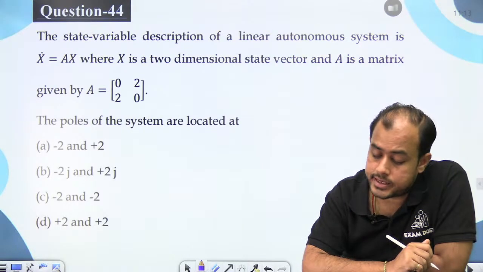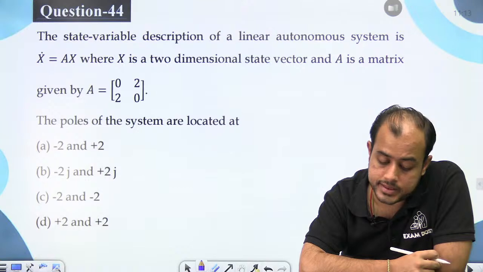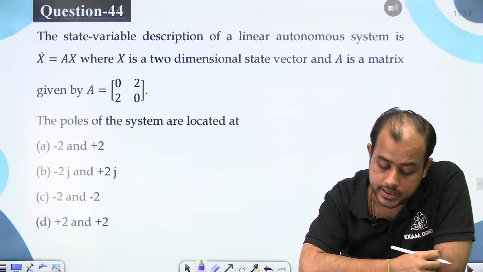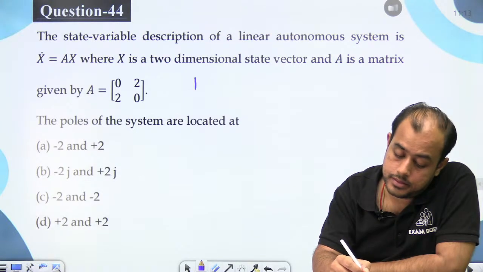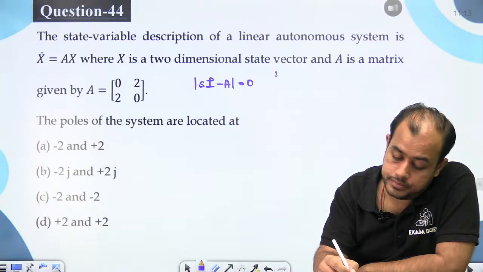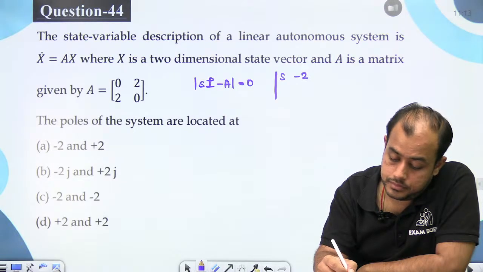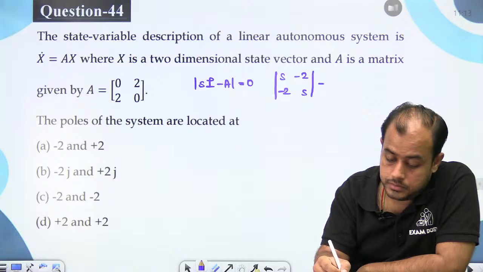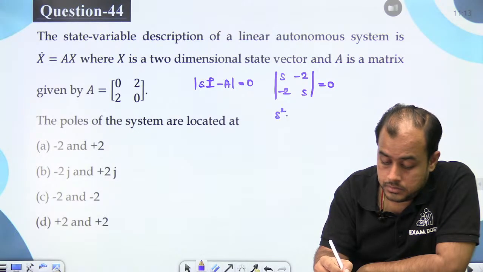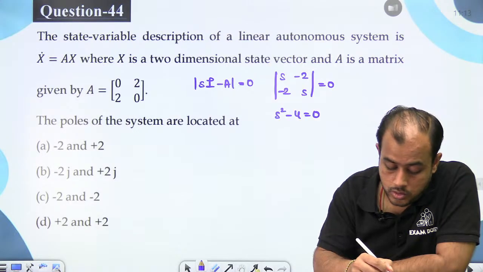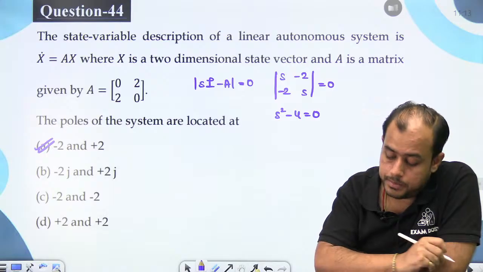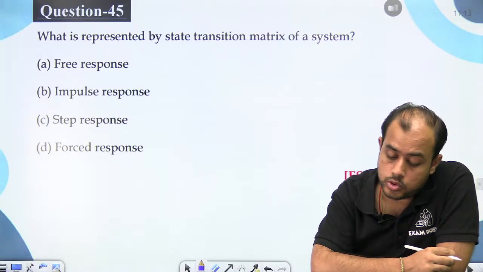State variable description of a linear autonomous system is given. A is the matrix, poles are. So poles are -2 and +2. ESE 2009.